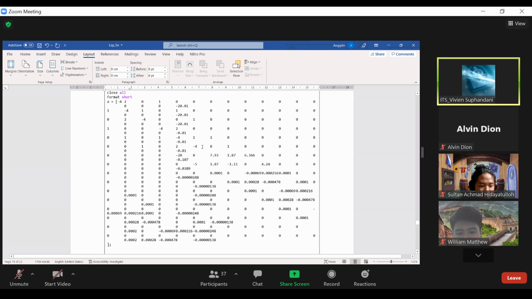So it's a very large difference. If you have a very large difference in the order of magnitude of the numbers, what you can do is scaling. You can do scaling to the equations.